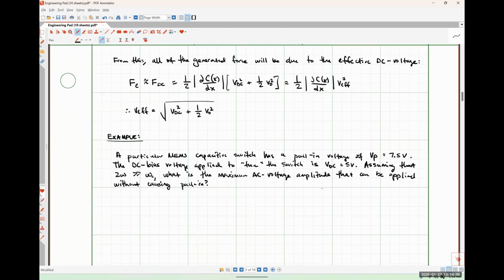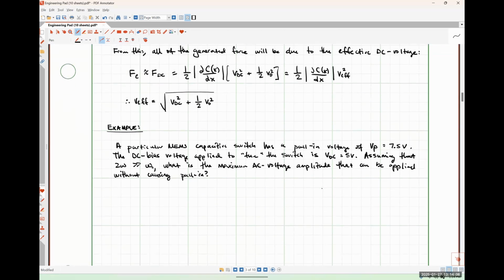And this is going to be a fairly straightforward process, right? So in this case, what we have is that our effective value is our pull-in voltage. So as long as we're below that, we're good to go, right?